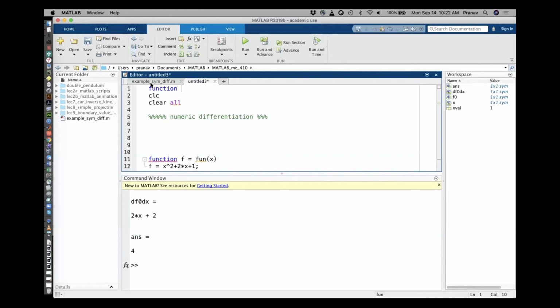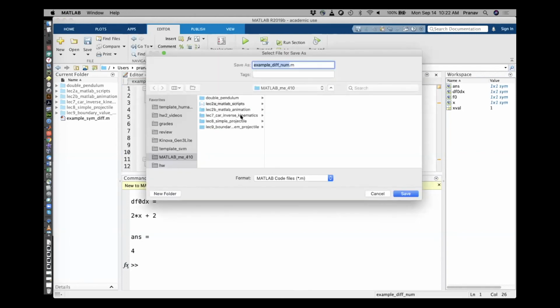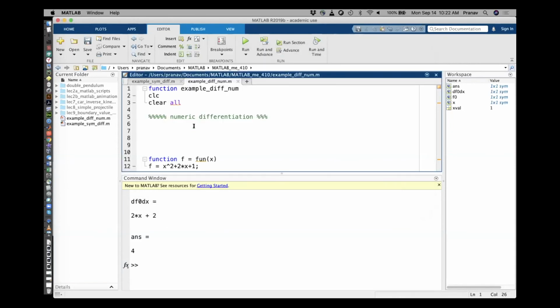So let me call this function example def num. Okay, and when I save it, it automatically gives me the same name. So I define f. If you want to check it is giving you the right value, let's try x equals 0. When you put x equals 0 and run this, the output should be 1. So when you run that, you get 1, which means it's working.